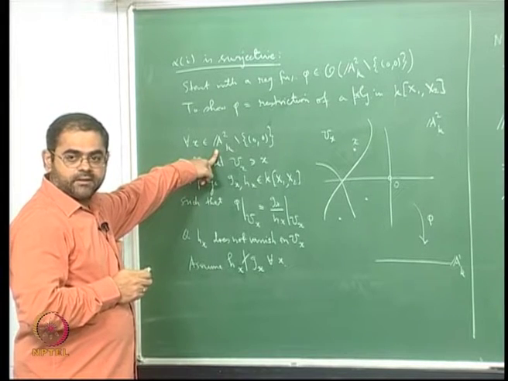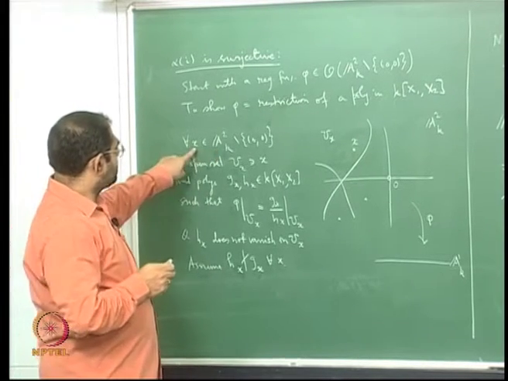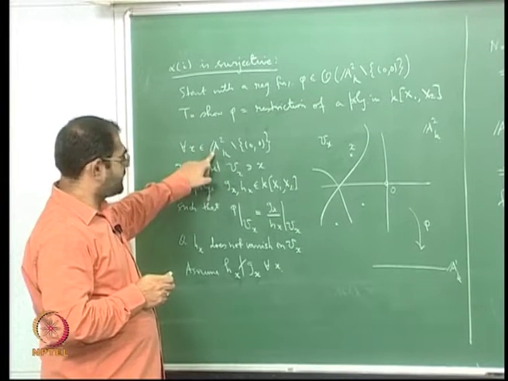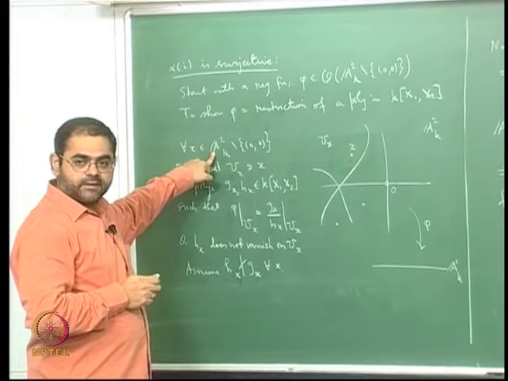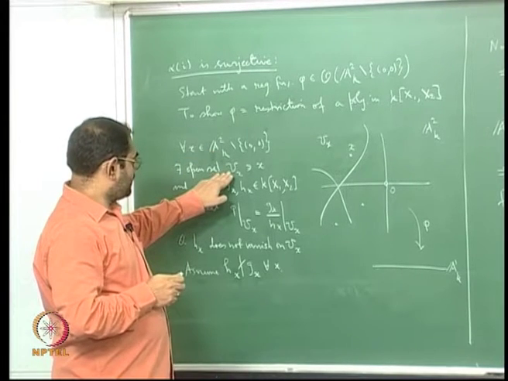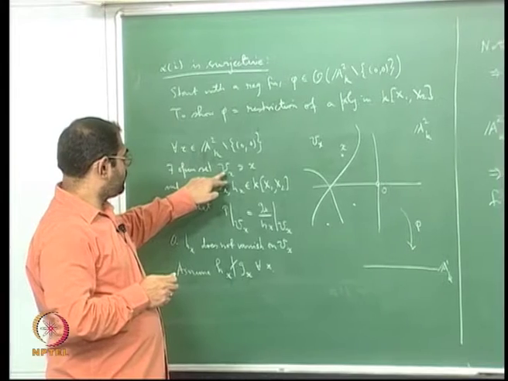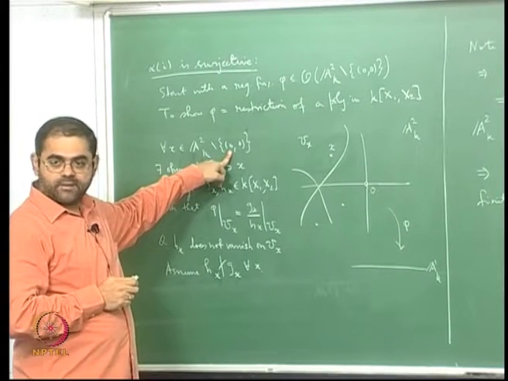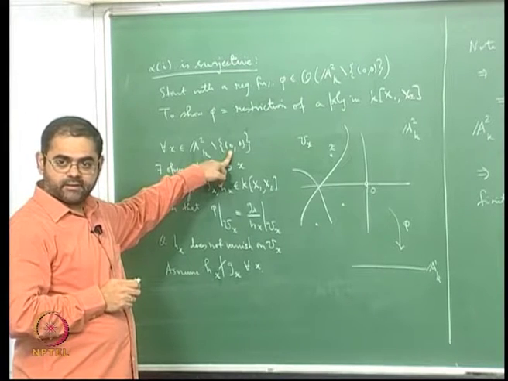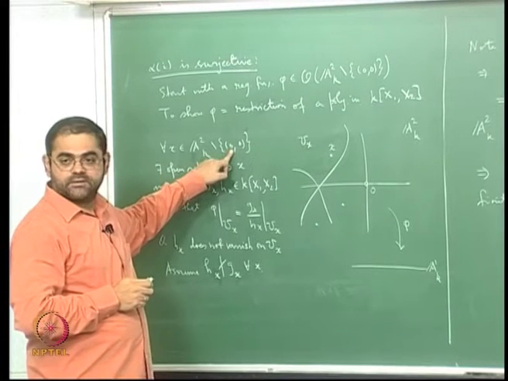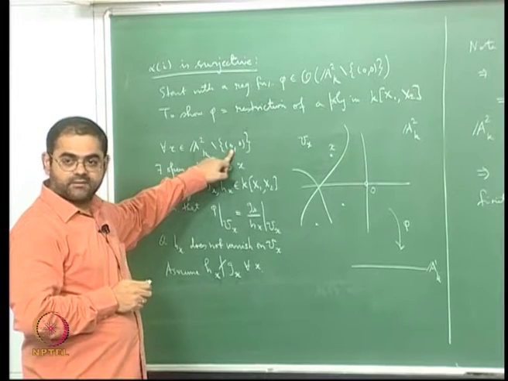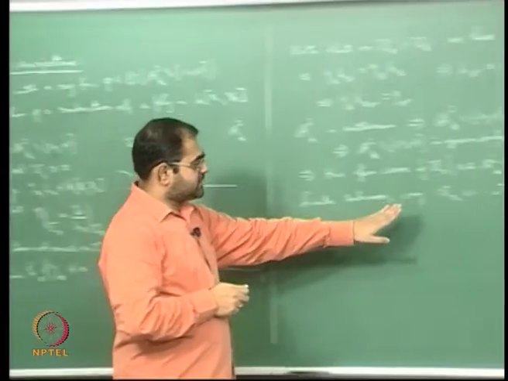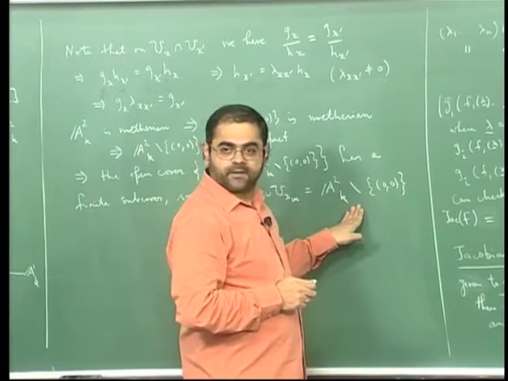For every point in this I am looking at an open set there. The only problem is that this open subset might contain the origin, but then you can simply throw it out from that open set, you can puncture it at the origin if it contains the origin. So therefore this union will be this.